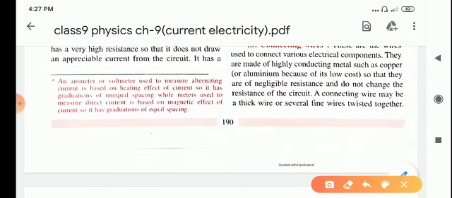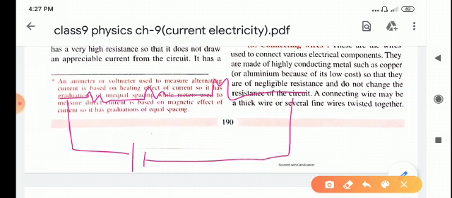Listen, children. Three resistors are connected in series by three wires. Three resistors and three connecting wires.